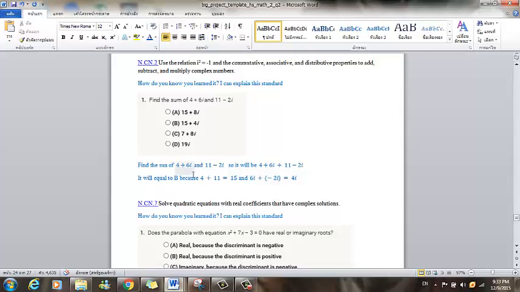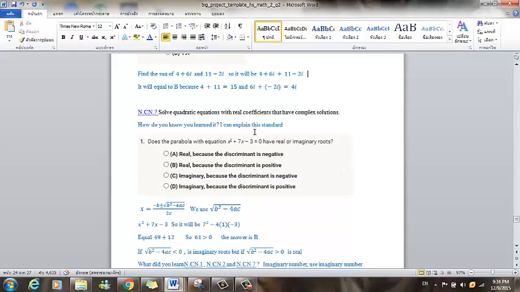The answer is B, because 4 plus 11 is 15, and 6i minus 2i is 4i. So the answer is 15 plus 4i.